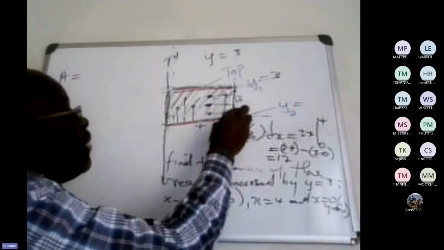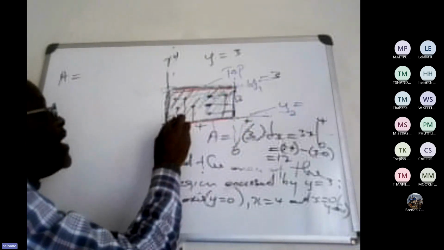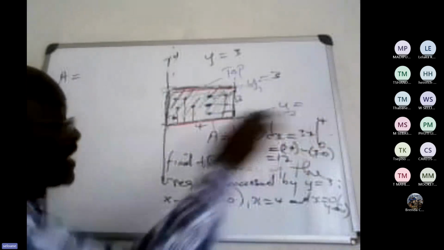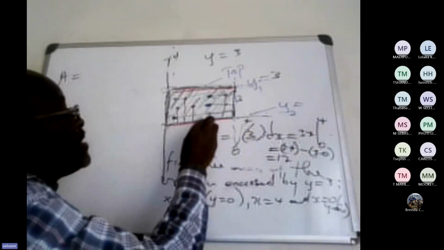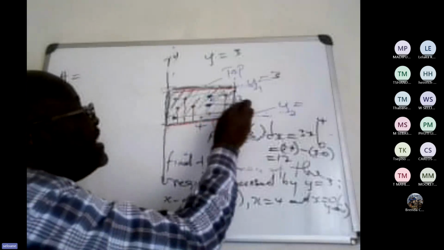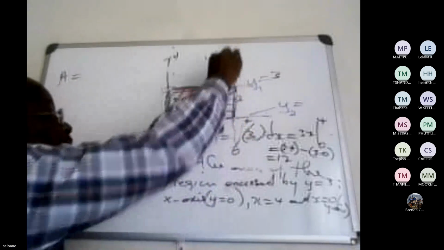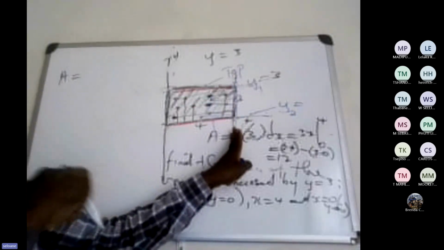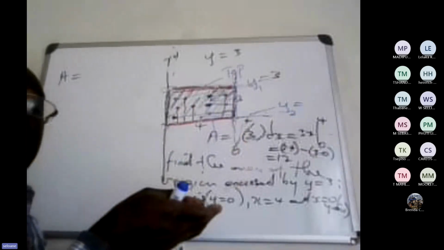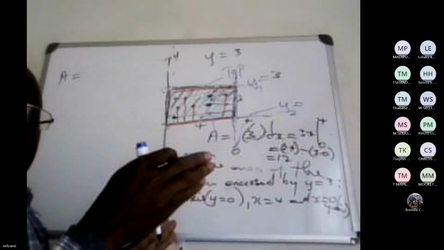It doesn't matter where you are in this region, you will be stopped by this wall. Therefore, this line, x equal to 4, forms our right boundary.